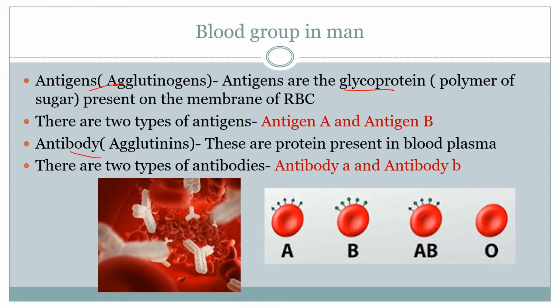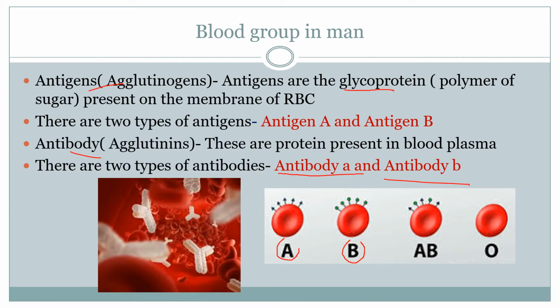There are two types of antigen, antigen A as well as antigen B. And next is antibody. These are also known as agglutinins. These are also proteins, which are present in the plasma. There are two types of antibodies again, antibody A and antibody B.